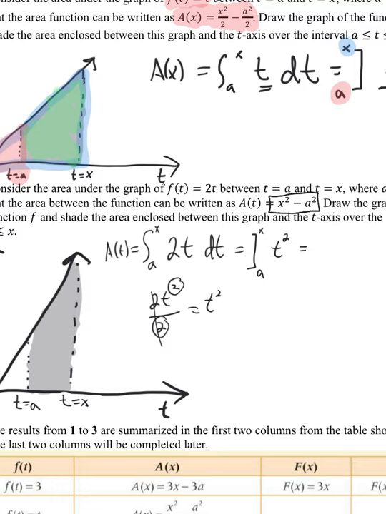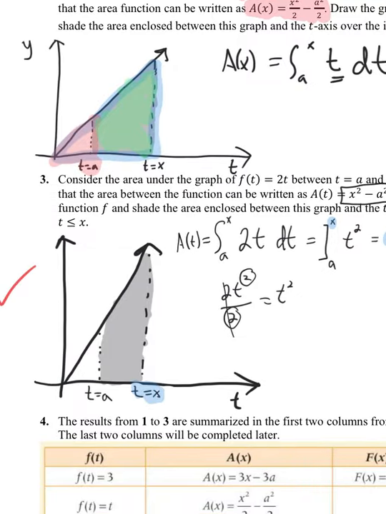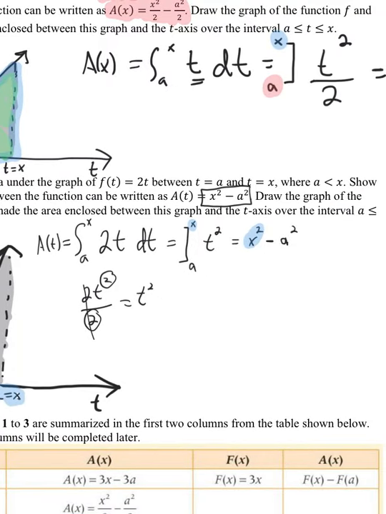So when we substitute it in, we're going to do an x squared for the first part minus an a squared for the second part. And again, the x squared represents this first part of the area, which would be all the way back to the y-axis. The a squared represents the second part of the area all the way back to the x-axis.